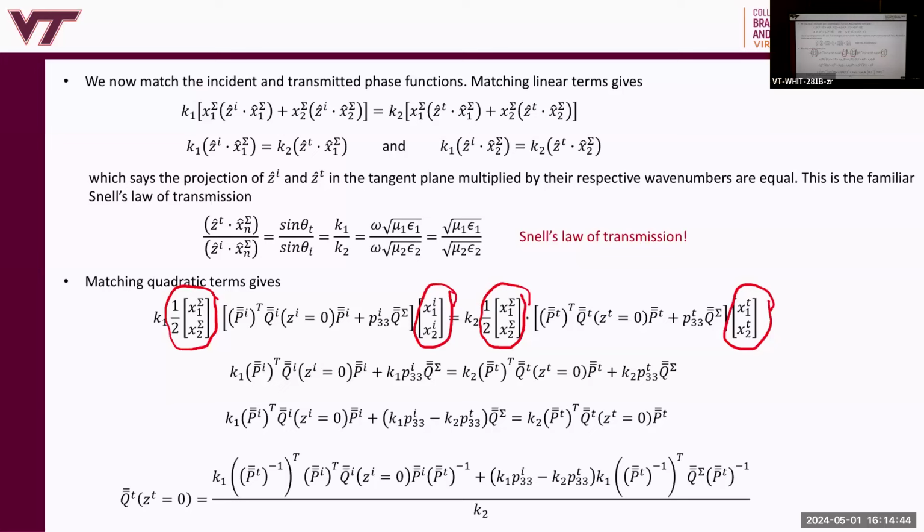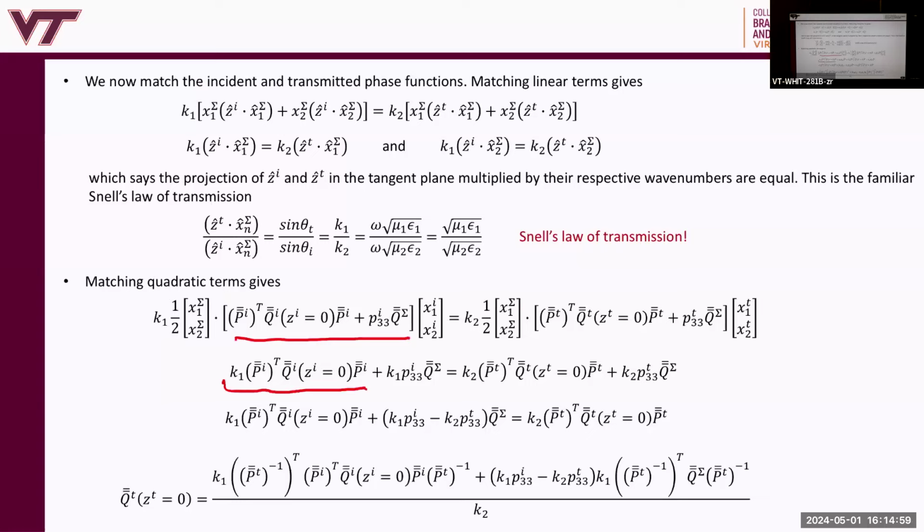Yeah, that we want to keep, right? So what we can do then is keep the interior here, which is K1, P incident transpose, Q incident, P incident, plus K1, P33 incident, Q sigma.